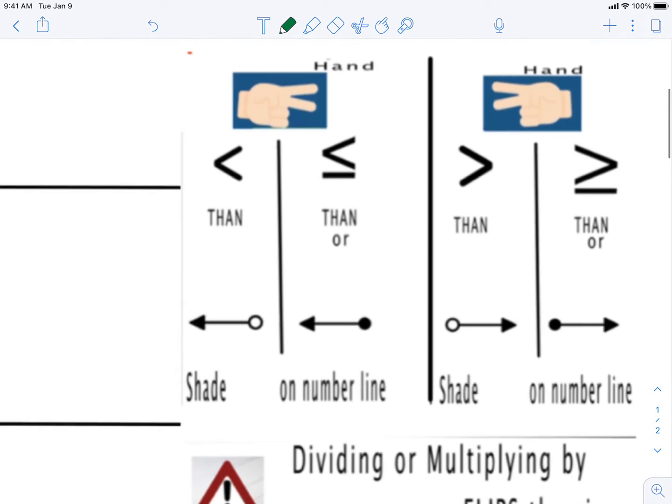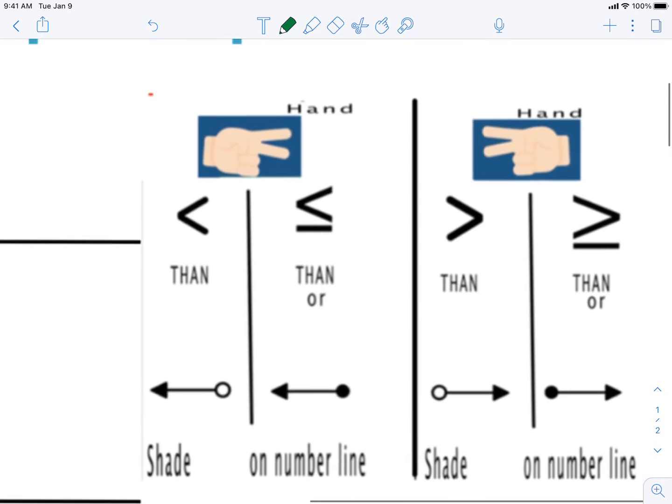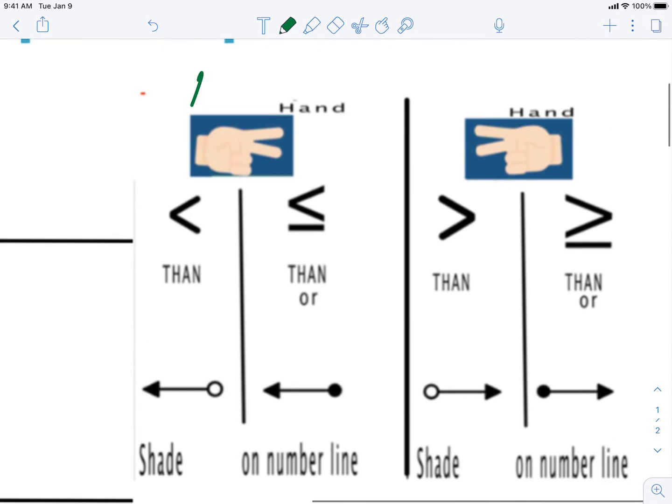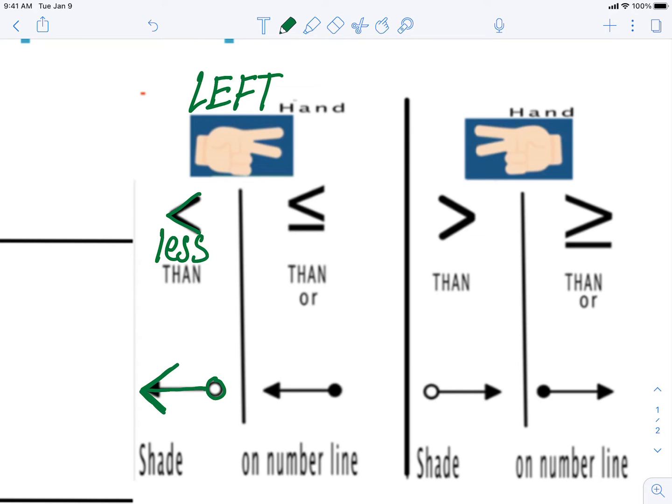So let's review our notes on less than and greater than, right? So when we use our left hand, we make the less than sign. And we open circle and we shade to the left.